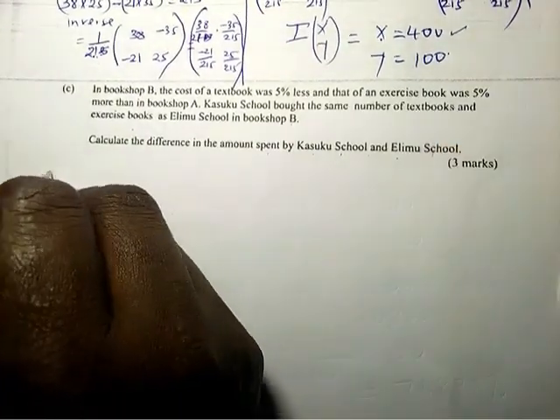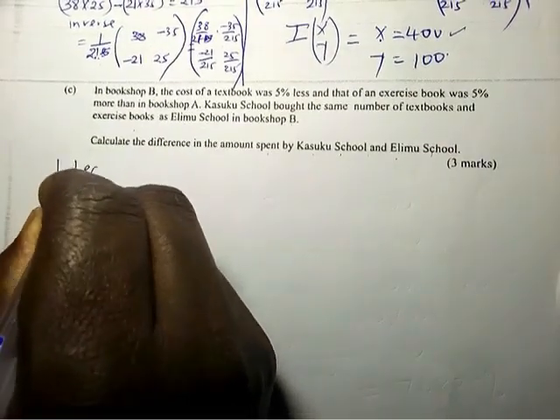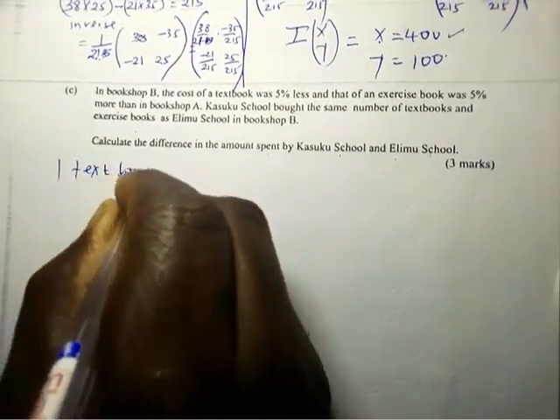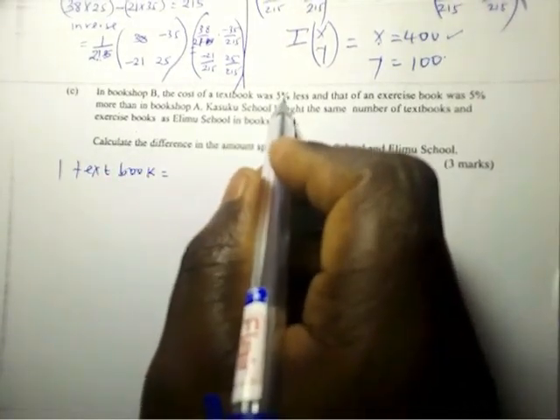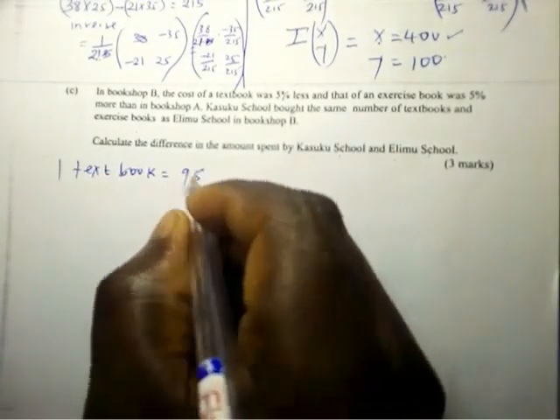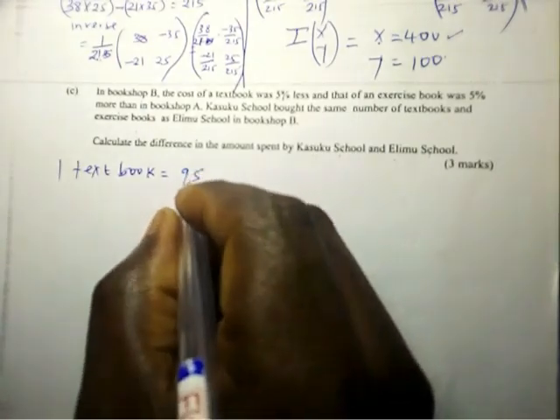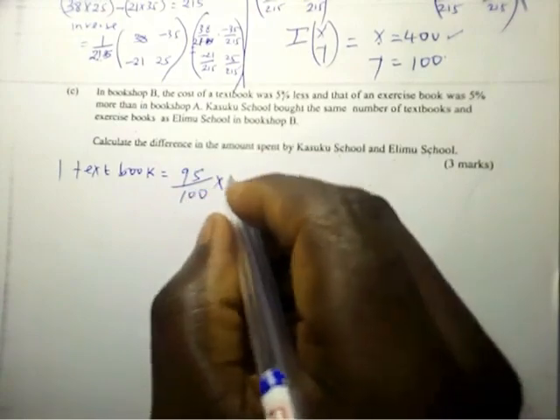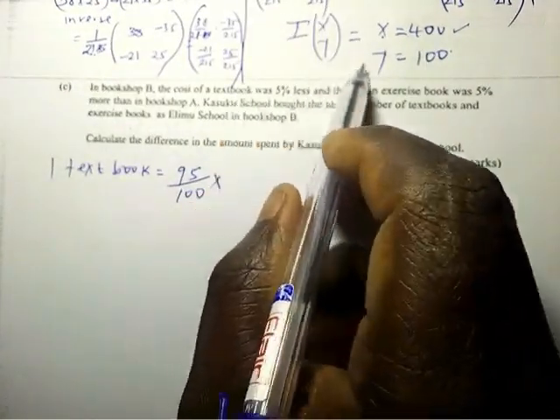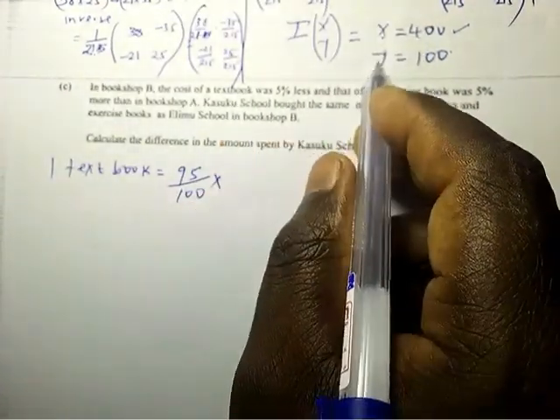So one textbook is going to be, they remove 5% from 100, so it remains 95%. 95% is the same as 95 over 100 times 400, so one textbook is 400.